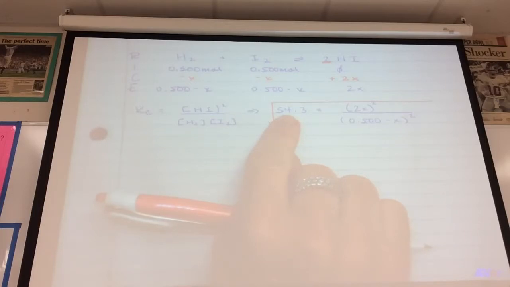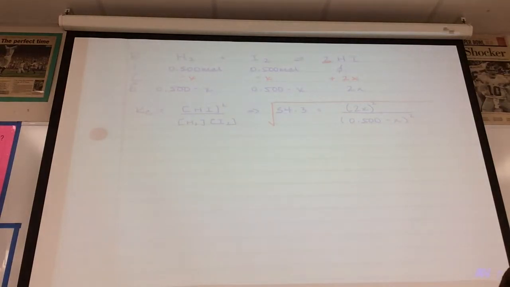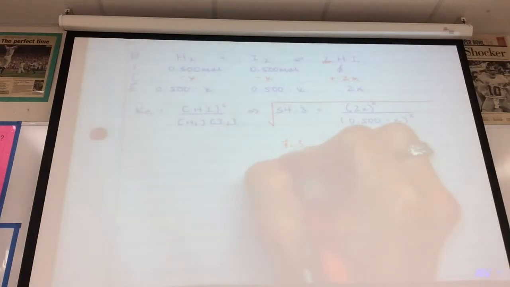And the square root of 64 is? 8. So this is somewhere between 7 and 8, probably closer to 7, right? So the square root of that is 7.37. That's equal to 2x over this. And then you can just solve it.